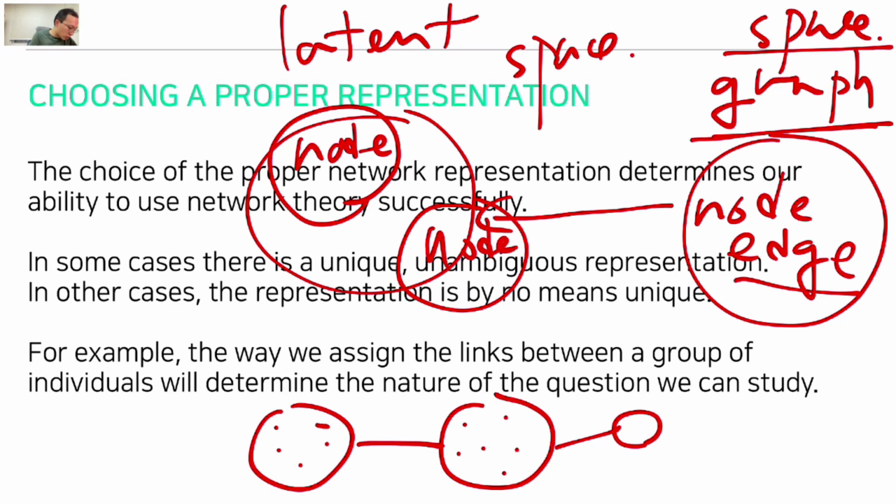So let's say some nodes are placed in here, so their location in the latent space is very, very close to each other, right? Looks like they are grouped, right, compared to this node.